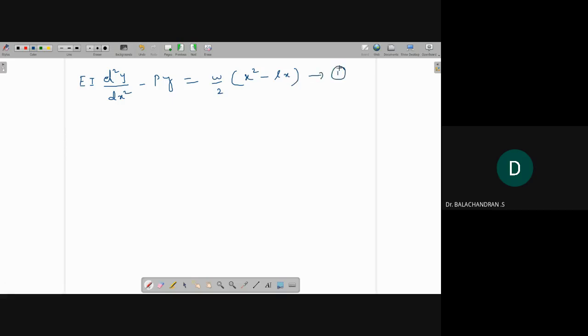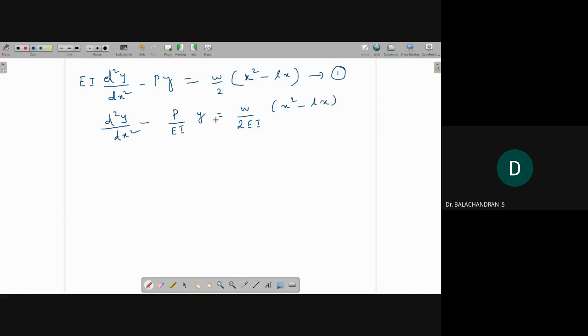Now divide by EI: d square y by dx square minus p by EI into y equals omega by 2 EI into x square minus Lx.